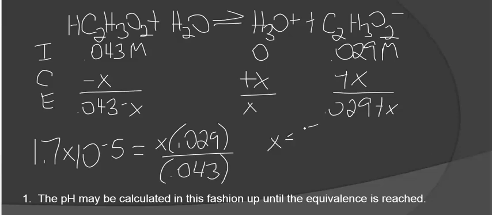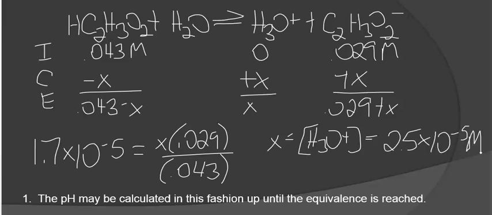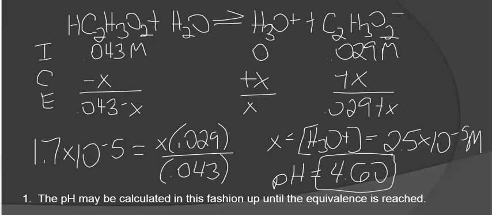X is the concentration of H3O, which comes out to a value of 2.5 times 10 to the negative fifth molar. pH is the negative log of 2.5 times 10 to the negative fifth, so pH is 4.6. So up until we reach the equivalence point, this is a buffer solution.